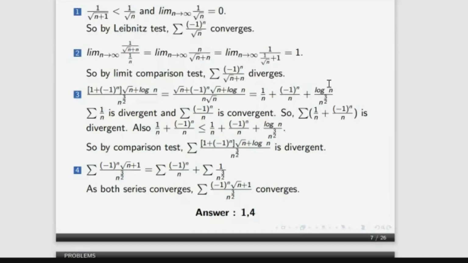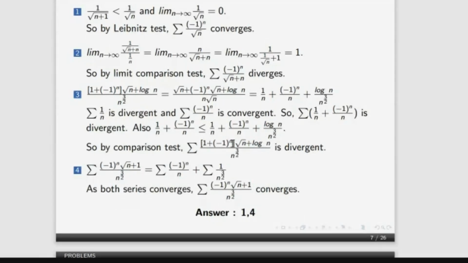Next, I am applying the comparison test. I have one more term, which is log n by n power 3 by 2. For natural numbers this value is definitely positive, so I am getting a positive series.